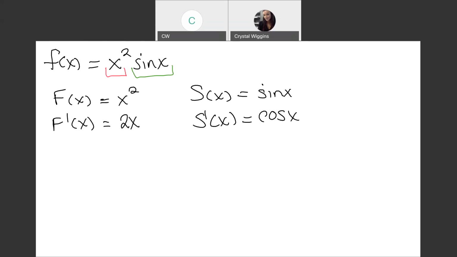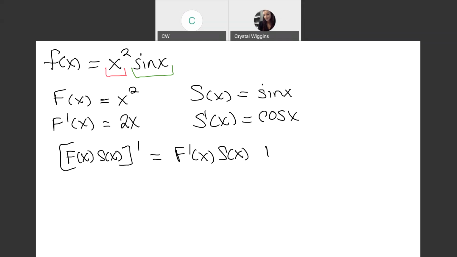And then we do the product rule, which states that if you are multiplying two functions together and you'd like to take the derivative, you are going to pair the derivative of one with the original of the other, plus, and then you switch. It doesn't matter the order in which you write the derivative with the original function, whether the first function gets the derivative first or the second, because it's all multiplication and addition, which is all commutative.